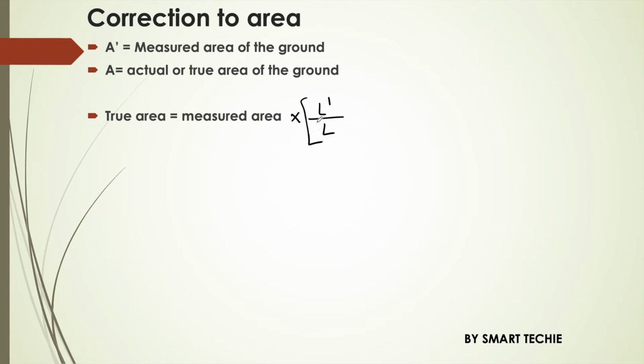We have already studied what it is, and then whole square, because area is nothing but a product of 2 dimensions, so that is why it is L square. So A is nothing but A dash into L dash upon L, the whole square. So this is the correction made for the true area.